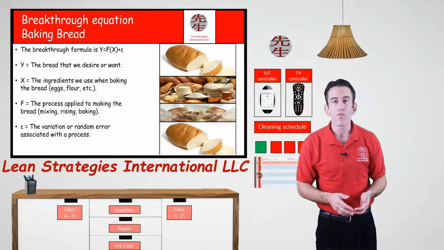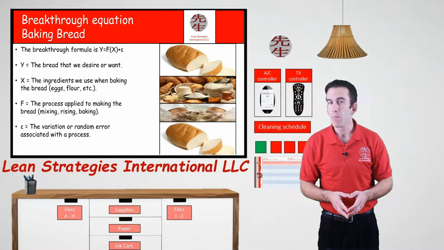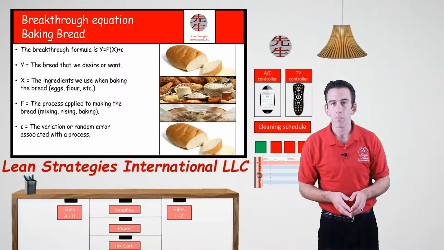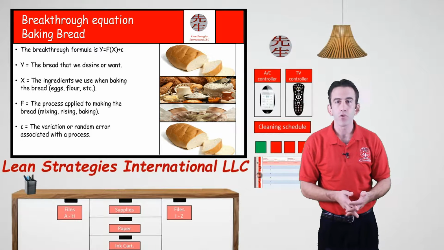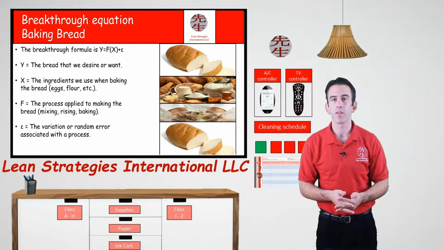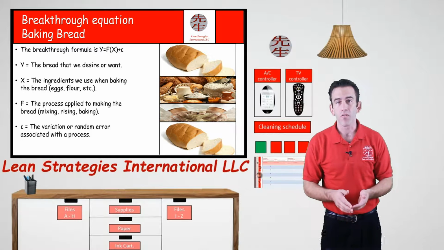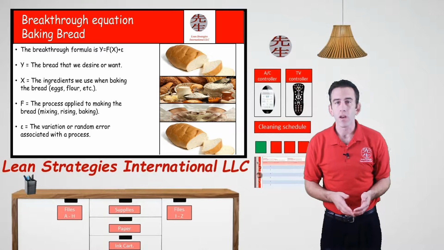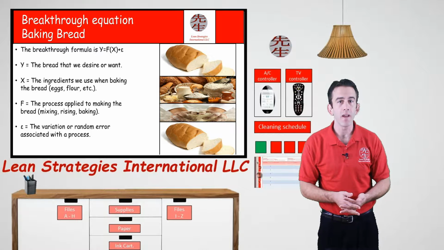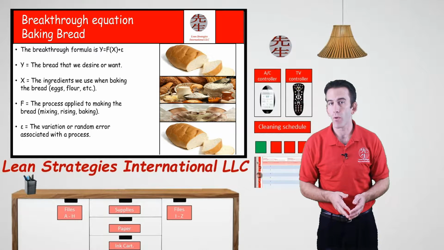Of course, if we made 15 loaves of bread, it may turn out differently each time. For example, the temperature may change, the consistency might alter, and certainly it may taste a bit different each time. Those changes are representative of variation, and that is what we use epsilon to account for.